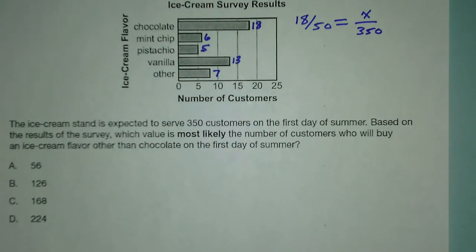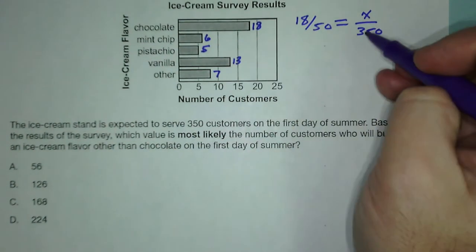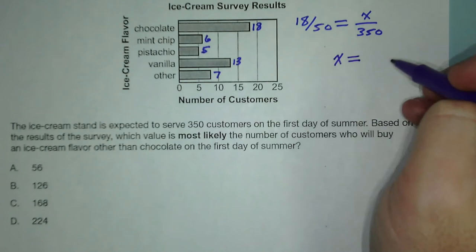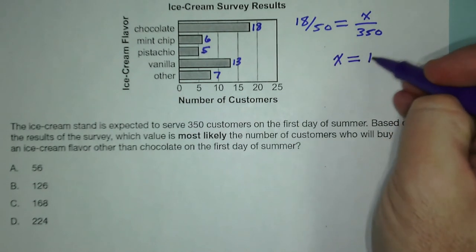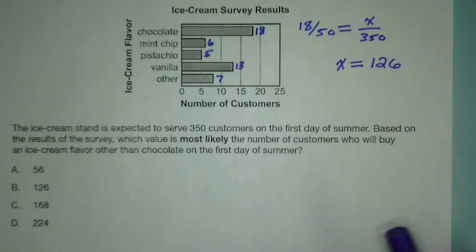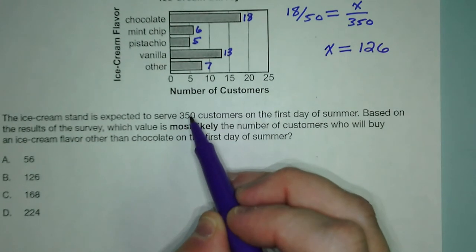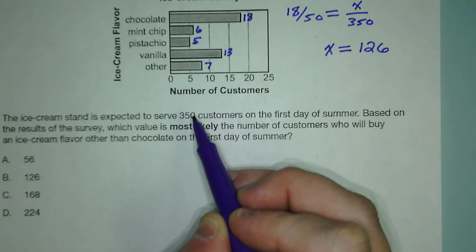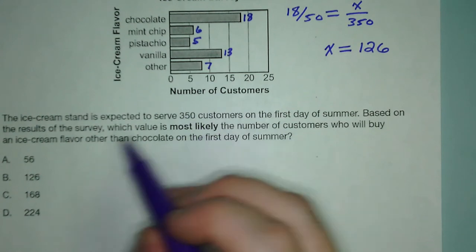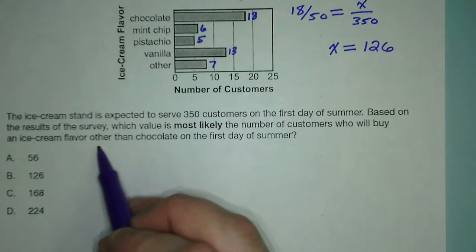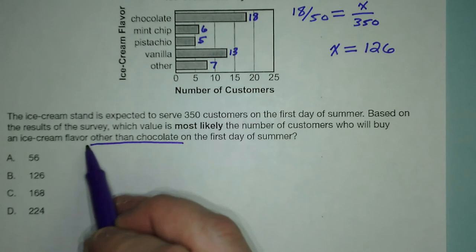going to my handy dandy calculator. So whether you cross multiply or whatever you do, you should be able to figure out that we can expect 126 of these customers to pick chocolate. But the question is saying other than chocolate, right?